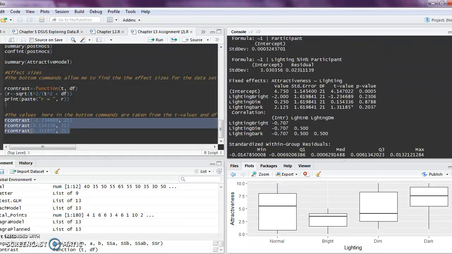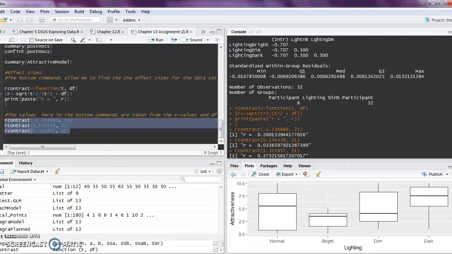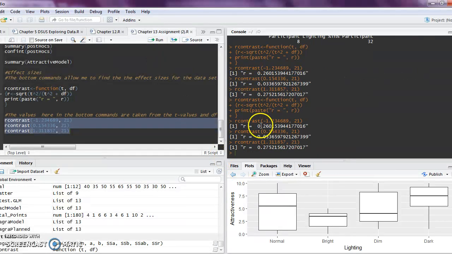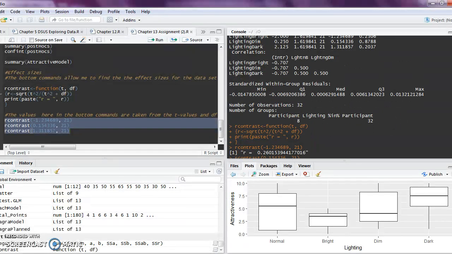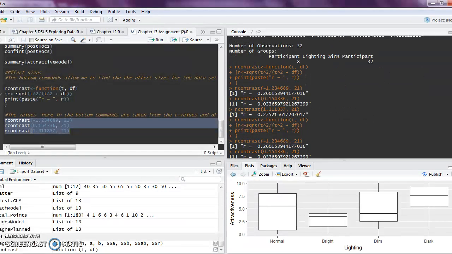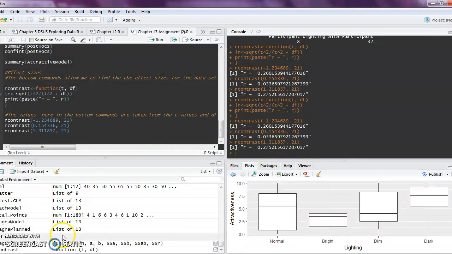Scrolling up really quickly, using these values here, you can calculate the effect sizes for your contrast, for your bright, your dim, and your dark, and you can compare those. And that's pretty much it, you guys.